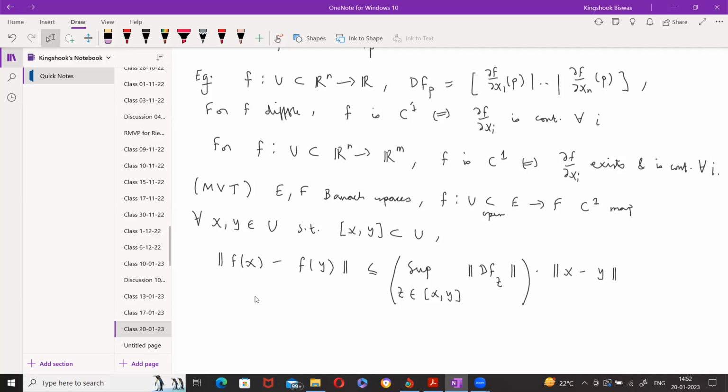So the mean value theorem in higher dimensions is not an equality, it becomes an inequality.